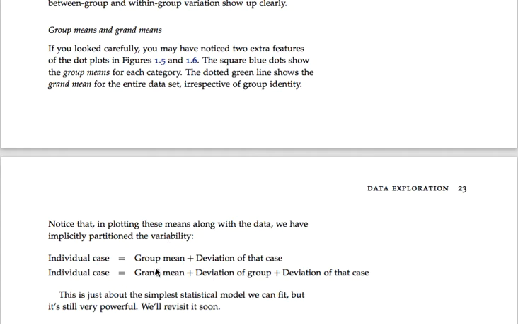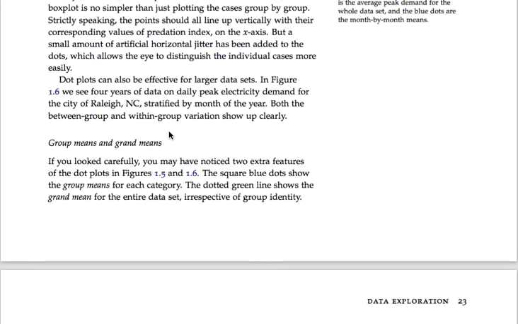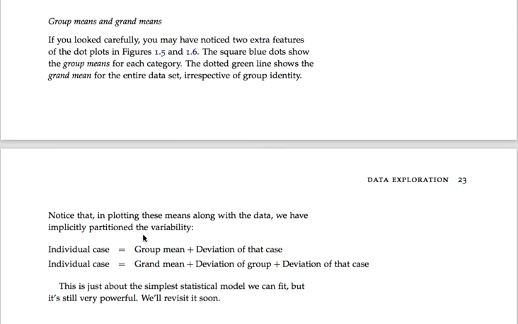In the case of a dot plot, the predictable component is just the group mean, right? Like for March, for example, that would be your best guess using only month of year as a predictor. And then there are a lot of errors or residuals associated with your best guess. And so we're decomposing the individual case into the group mean plus the deviation or residual associated with that case.